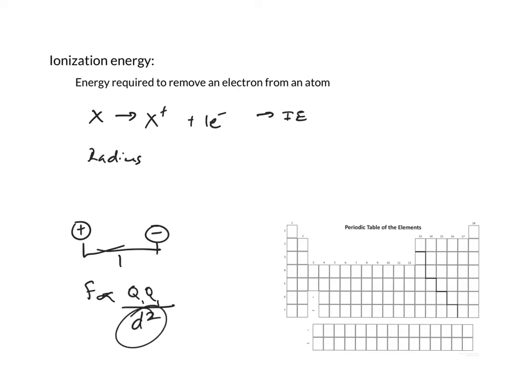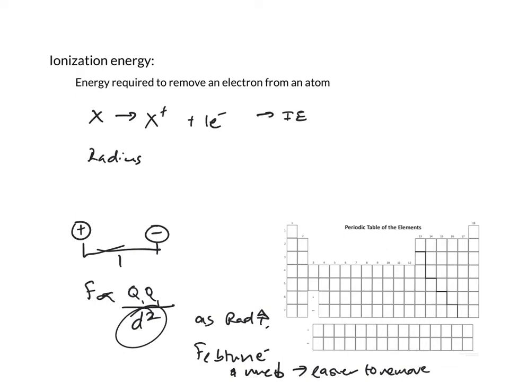So as the radius increases, the force between the electrons and the nucleus decreases, which means it's going to be easier to remove an electron. So the larger the radius, the easier it is to remove an electron.